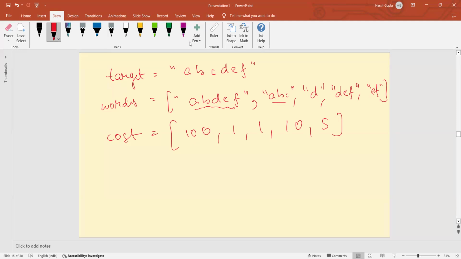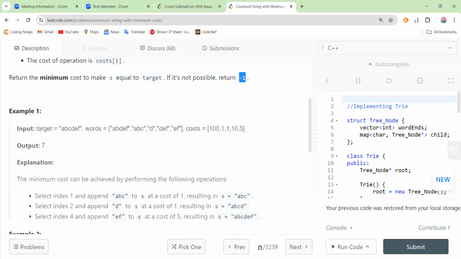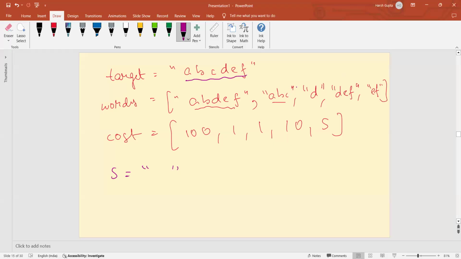Now, initially what do you have? Initially, you don't have anything. You have an empty string. Now, you need to construct this particular string, isn't it? So what are the possible options that you have? One thing you can do is first select this particular string ABC.